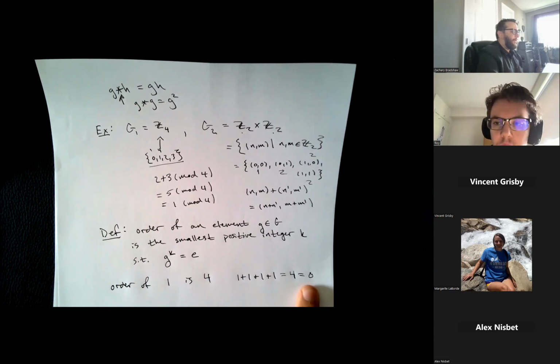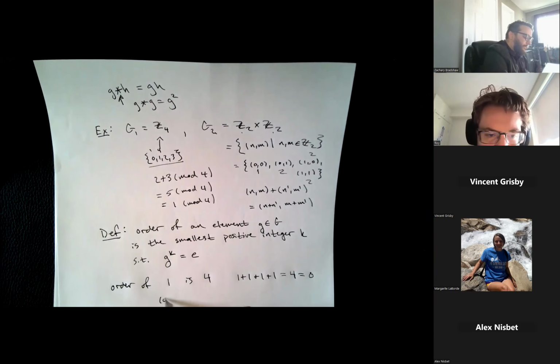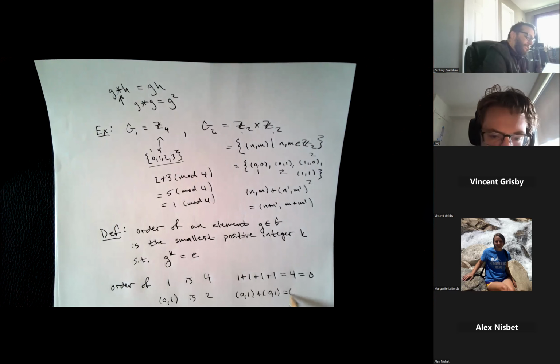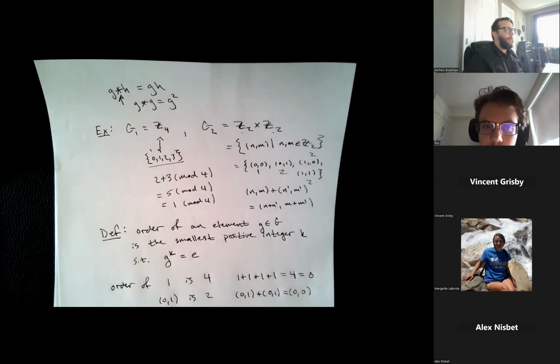And that's the identity element. The order of (0,1) is 2 because (0,1) plus (0,1) is (0,0) because 1 plus 1 is 0 modulo 2, right? And that's our identity element.